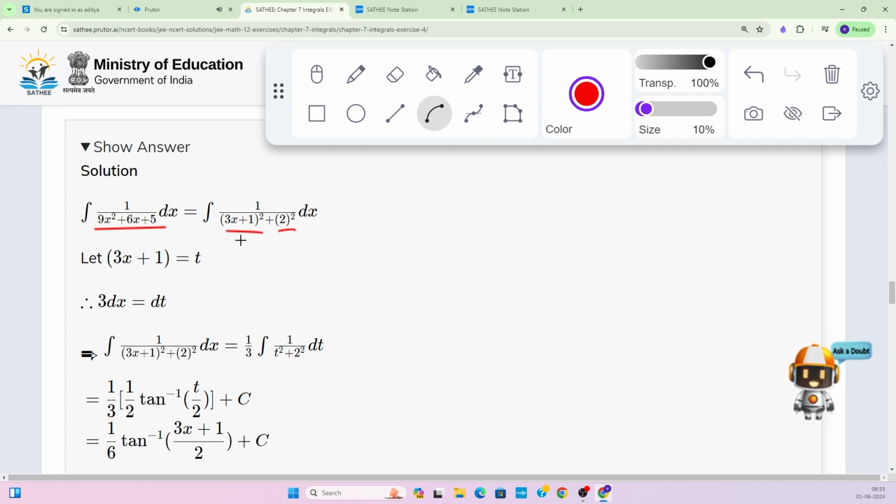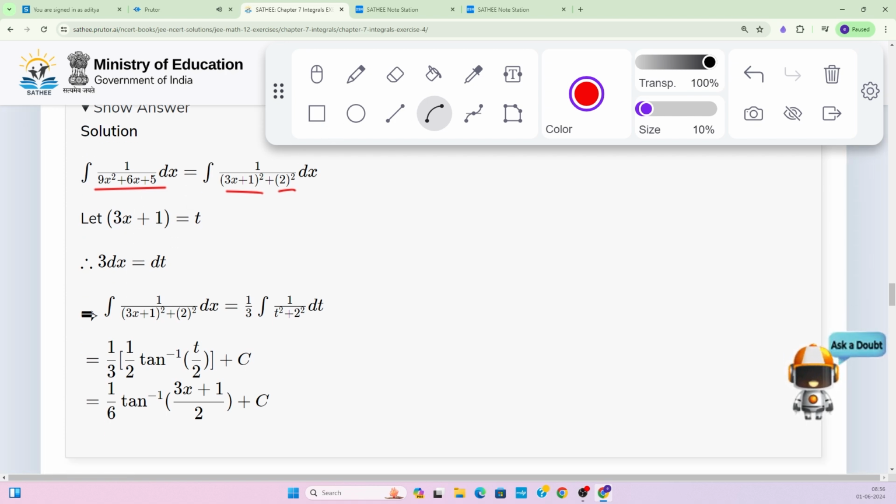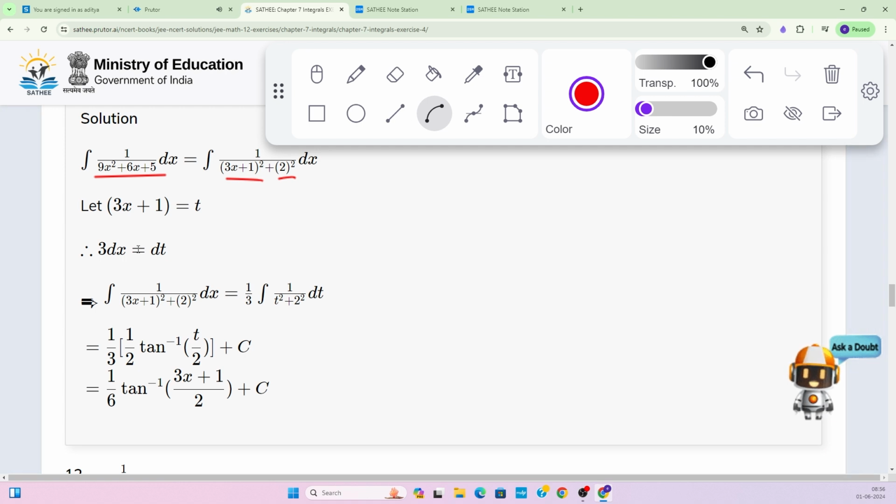And from here, take the inside term as t. You will get 3x plus 1 equals t. Now differentiating with respect to x, you will have 3 times dx equals dt. Okay, so far so good.